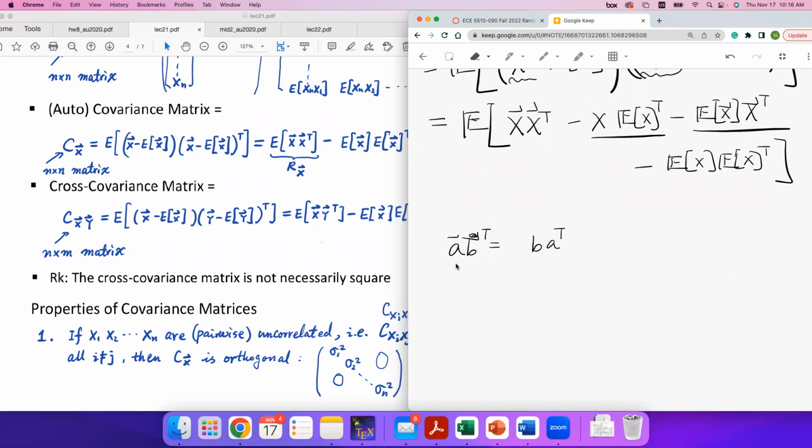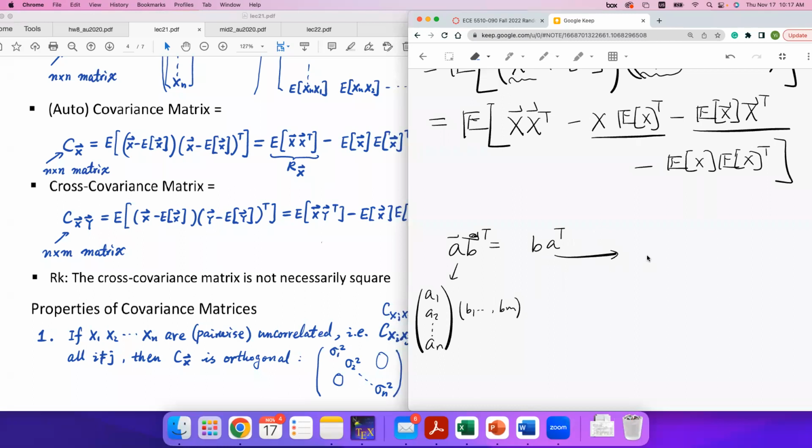This one is A1, A2, up to AN times B1 to BM.